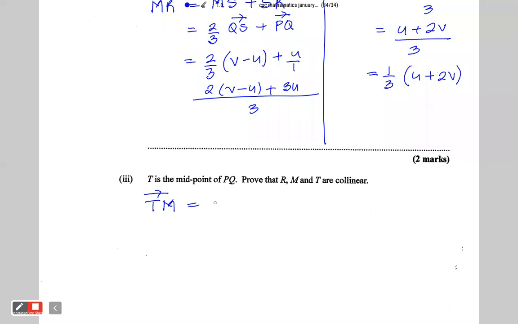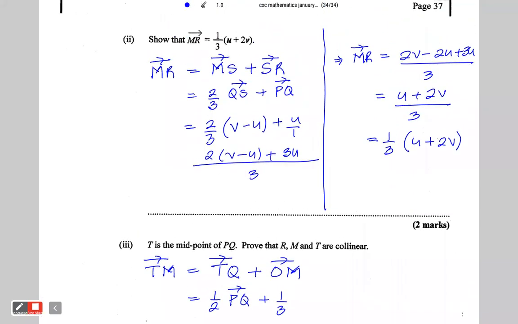TM is equal to TQ plus QM. This is equal to 1/2 of PQ plus 1/3 of, no, we already found QM. I think we did.